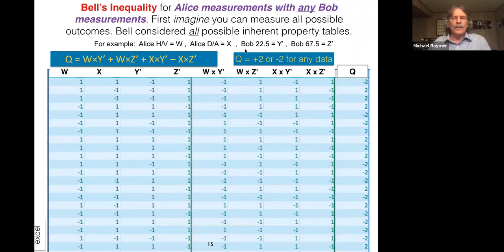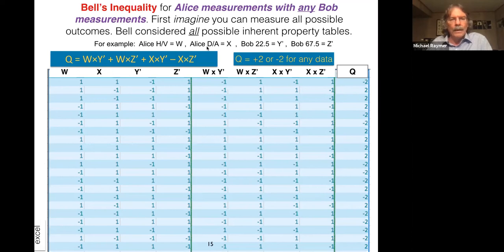Okay, so this shows what a typical run would look like if Henning could measure all four of these variables simultaneously, which we know is impossible in quantum physics because of the way photon polarization works.